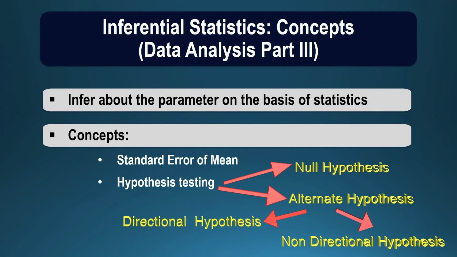And if we set 0.05 as a level of significance, we can say that there are only 5 chances that results would vary. So the researcher, while setting the probability level, tries to compare the calculated results with the standard results and tries to either accept or reject the hypothesis.